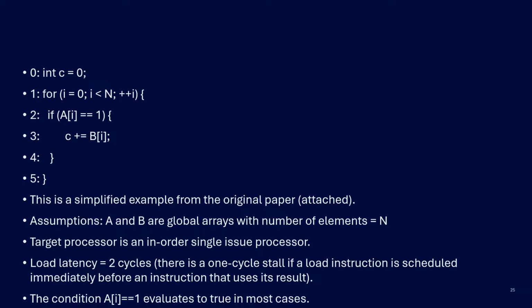The same thing, I will load R4, A of R2, then compare R4 with 1, then BNEQ L2. Then load R5, B of R2, then add R1, R1, R5.